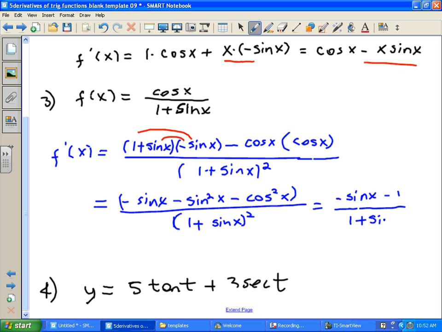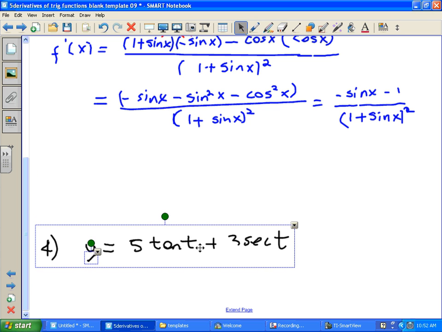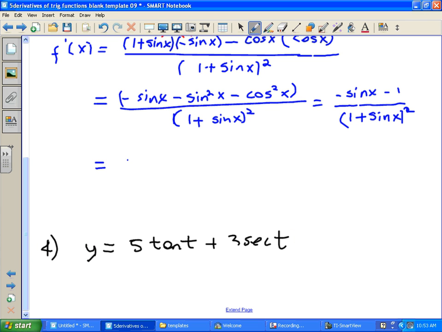Okay, it looks like we might be able to do one more thing here. Factor out a negative from the top. So if we factor out a negative from the top, we will have negative 1 times sine x plus 1, or I'm going to write it like this, 1 plus sine x, same thing, right?